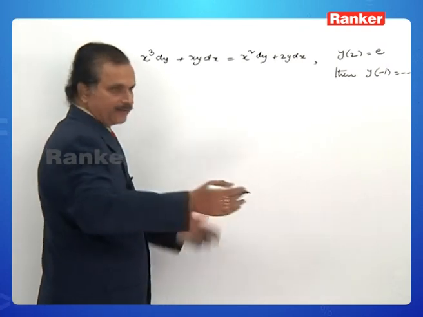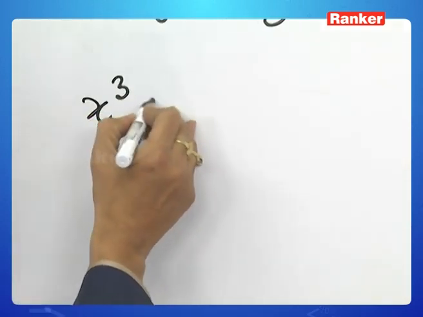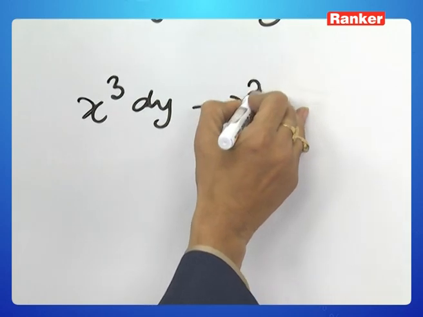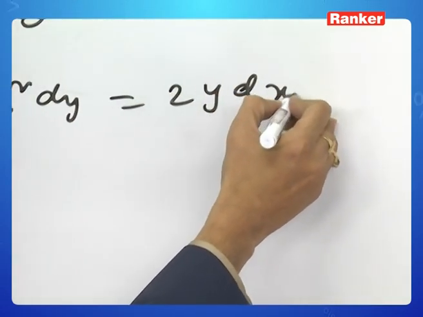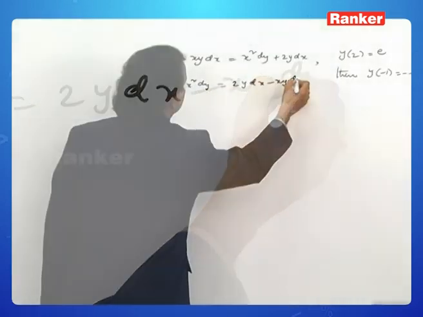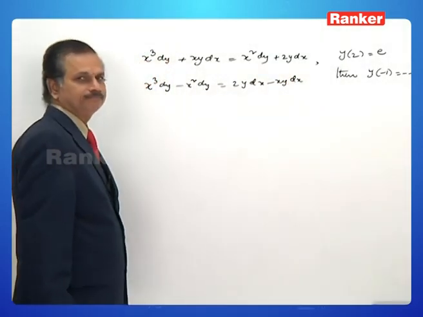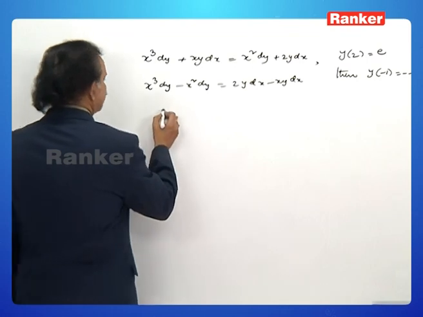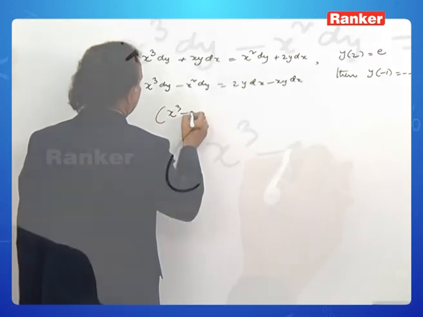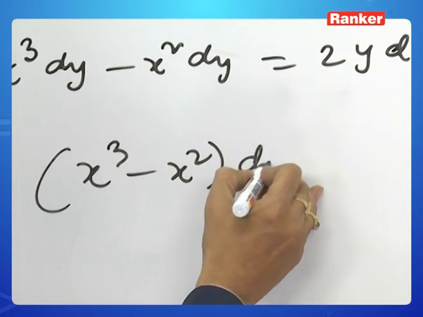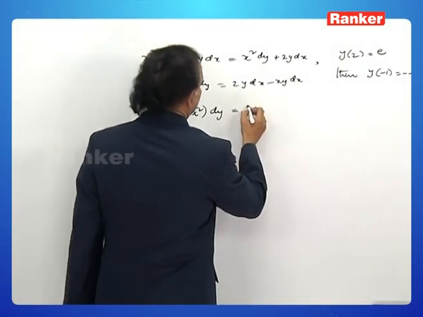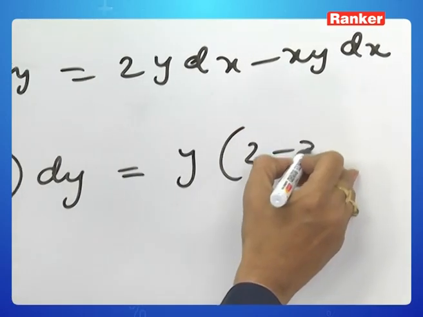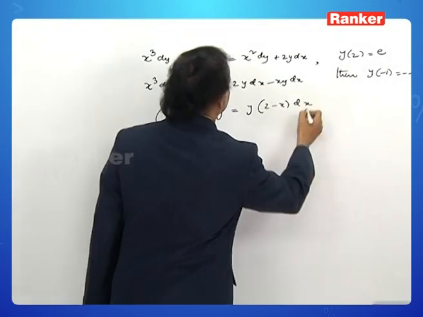X cube dy minus x square dy is equal to 2y dx minus xy dx, isn't it? So that it is x cube minus x square dy is equal to y into 2 minus x dx.